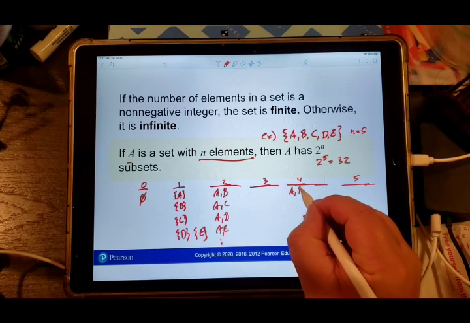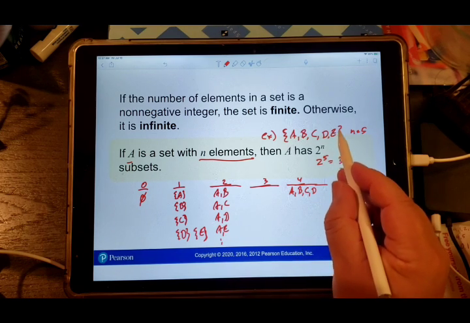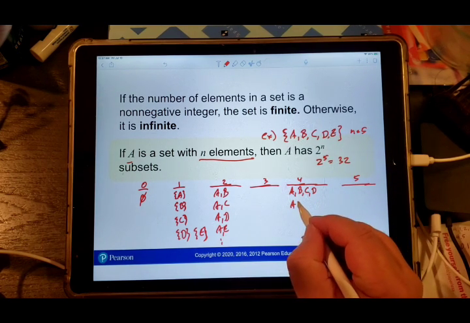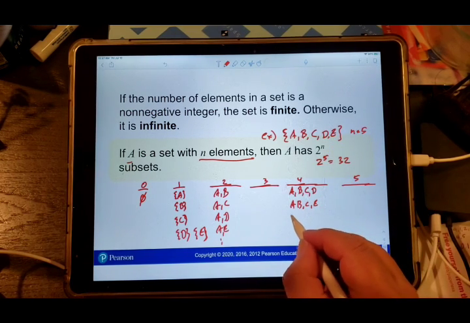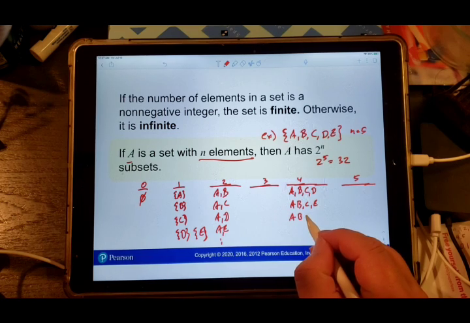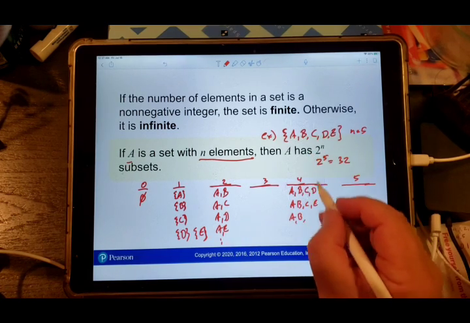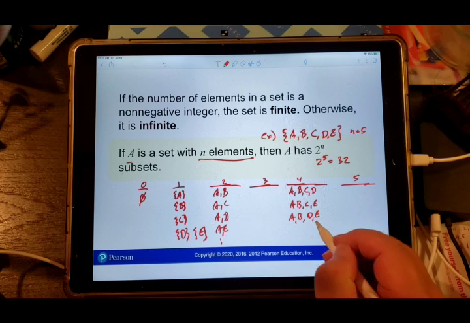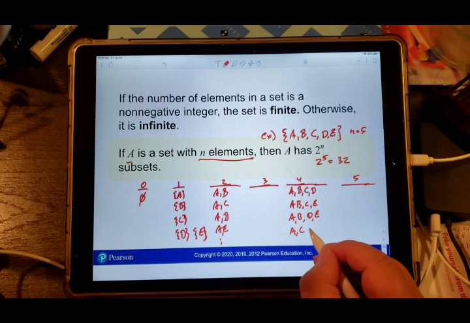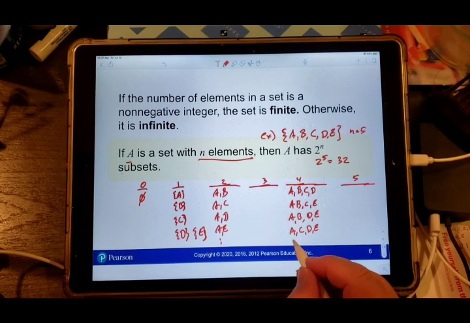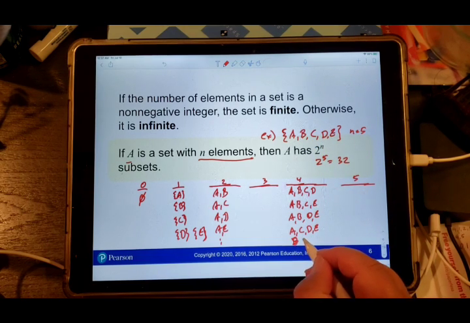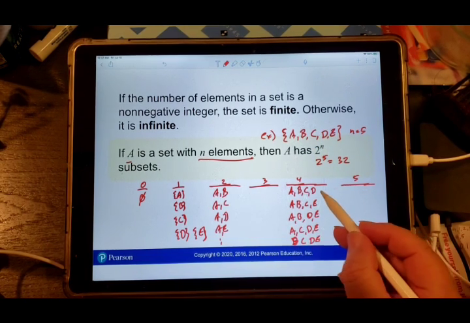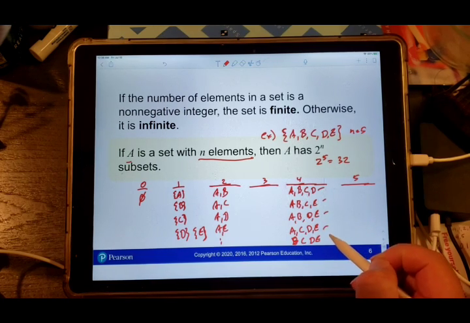So there's A, B, C, D. What did I do? I left out E. There's A, B, C, E. That time I left out D. A, B, I believe that's C. A, B, D, E. Leave out B, A, C, D, E, and the only one I have left out is A, so that would be B, C, D, E. Notice there's 1, 2, 3, 4, 5.